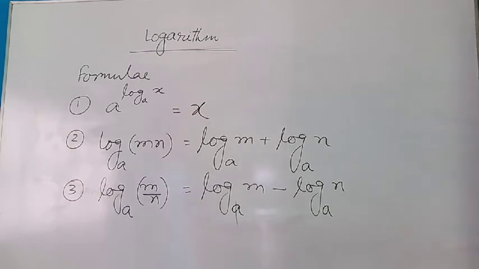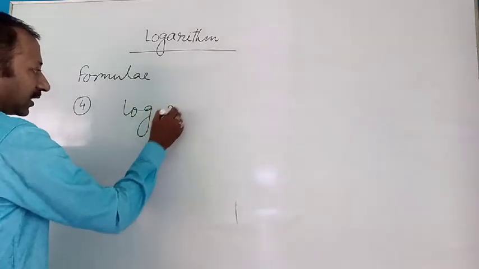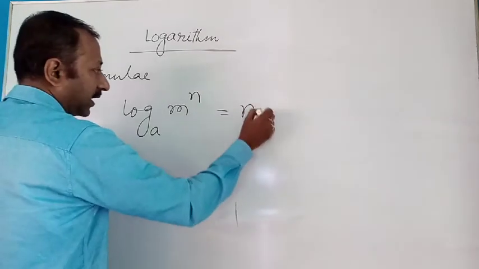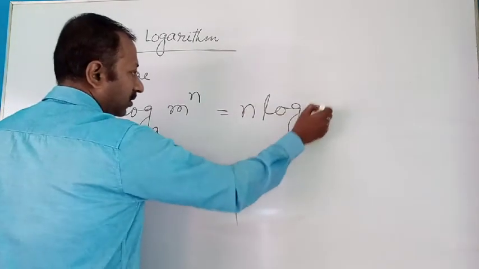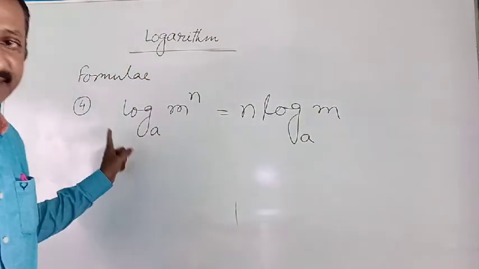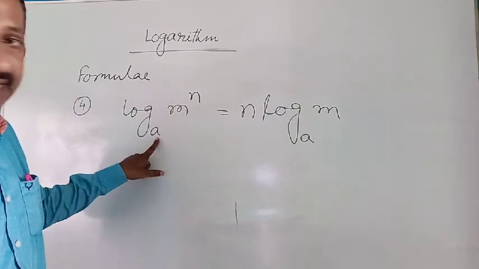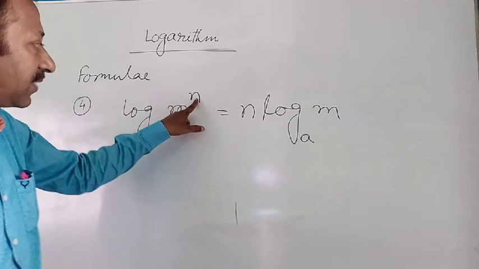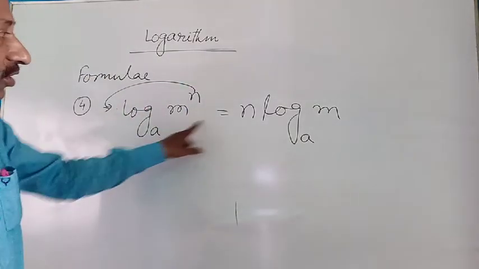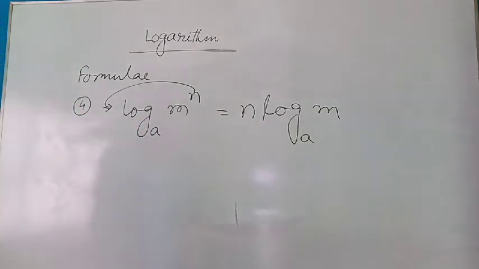Okay, then number 4, log m to the power n base a equal to n log m base a. What happens here in this case? How to read this? Log of m to the power n to the base a is equal to n into log of m base a. Okay, so the proofs of these formulae are there, we will do them afterwards.